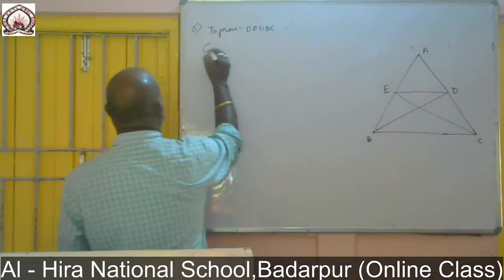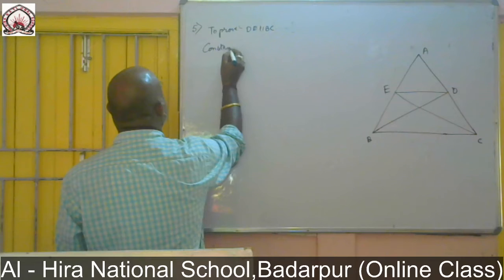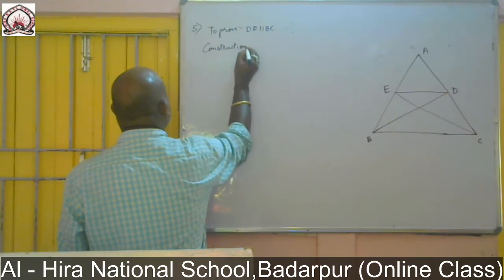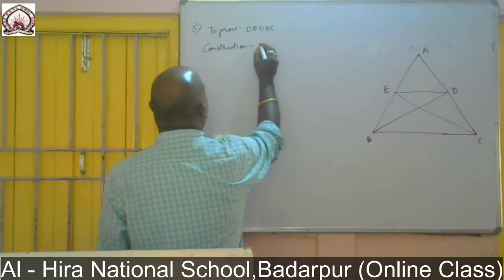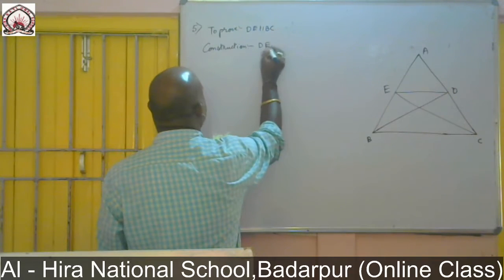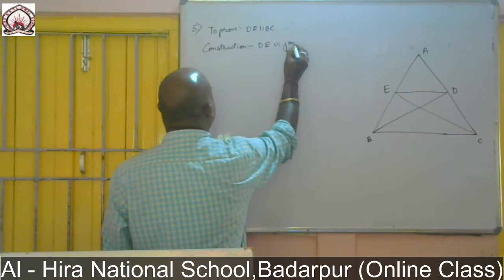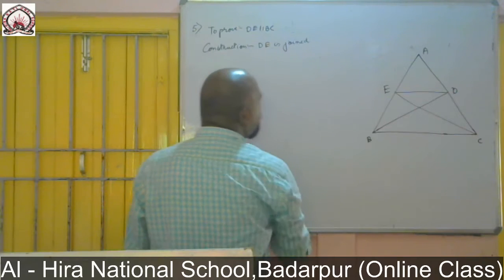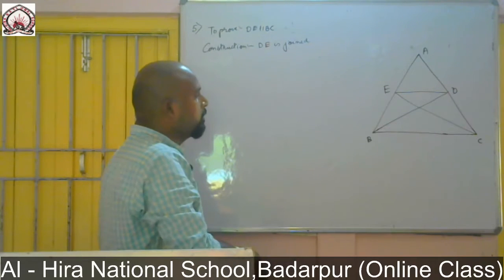You have to do construction. Construction: D, E is joined. We have to do the construction.